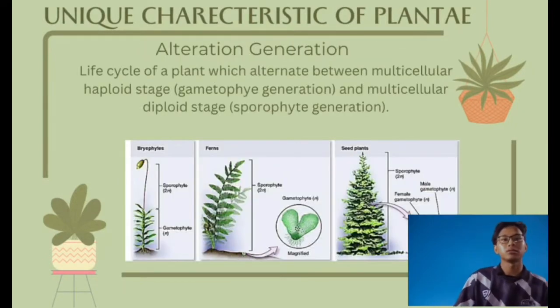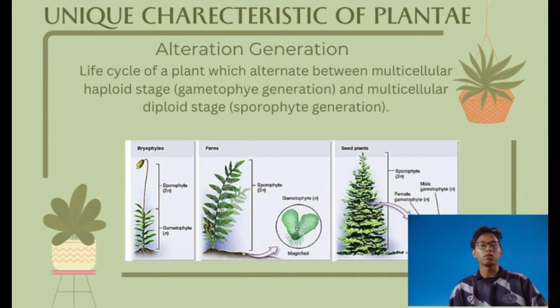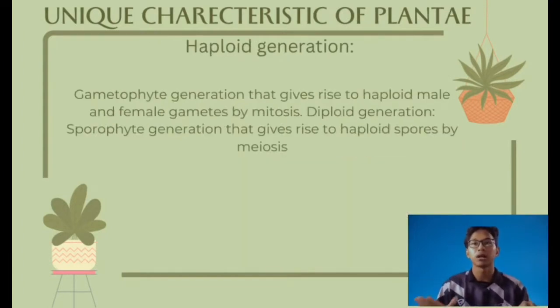The next is about alternation of generations, where I will explain the multicellular haploid stage and the multicellular diploid stage. The haploid generation, the gametophyte generation, gives rise to haploid male and female gametes by mitosis, while the diploid generation, the sporophyte generation, gives rise to haploid spores by meiosis.